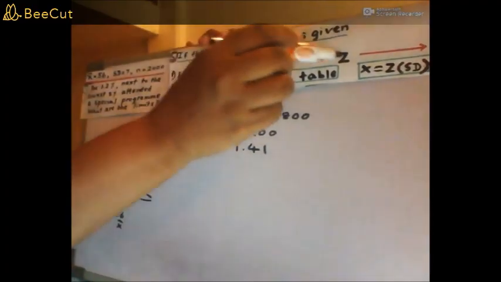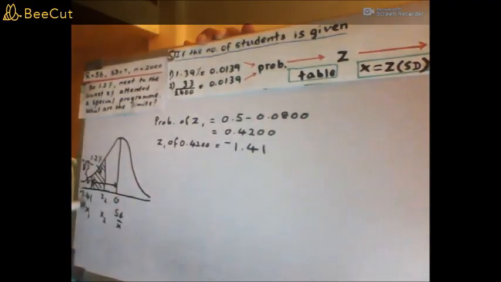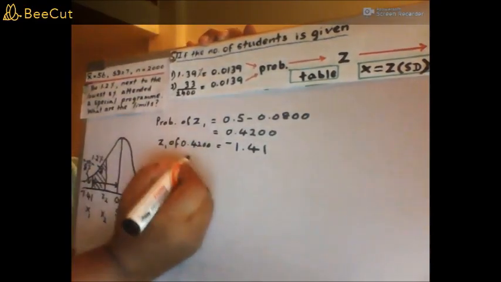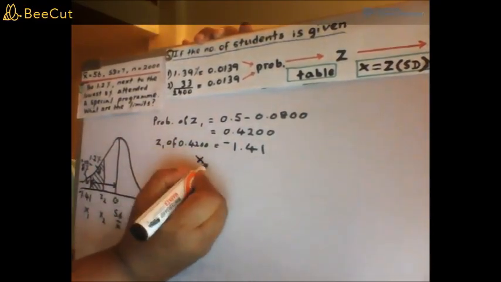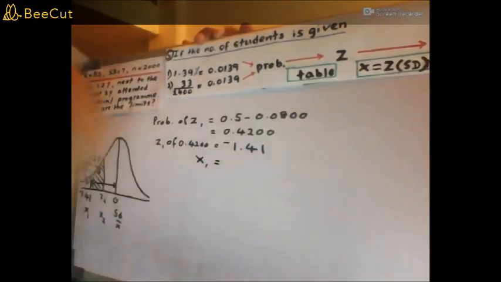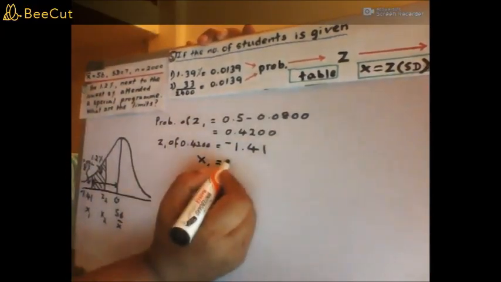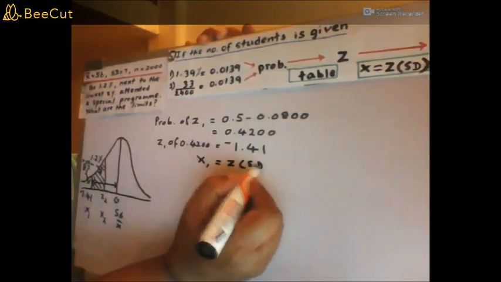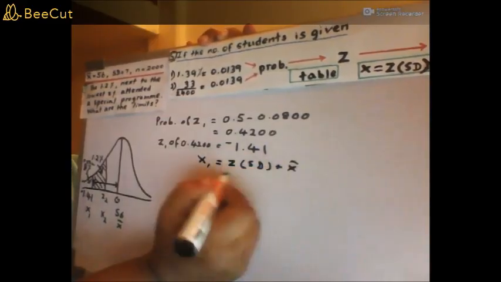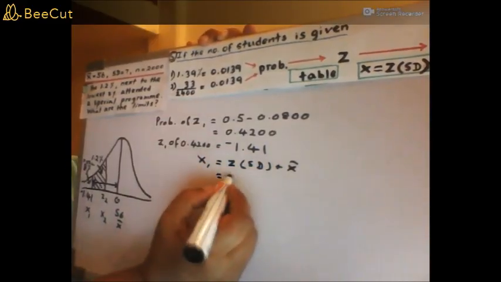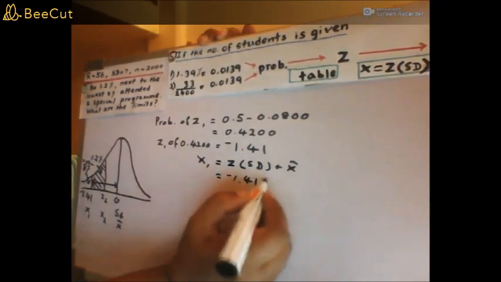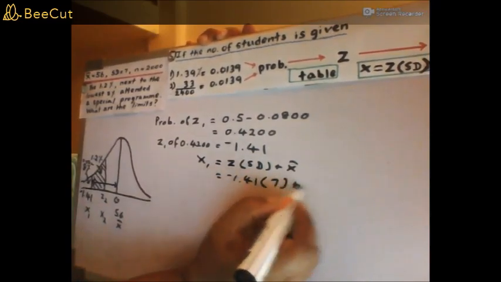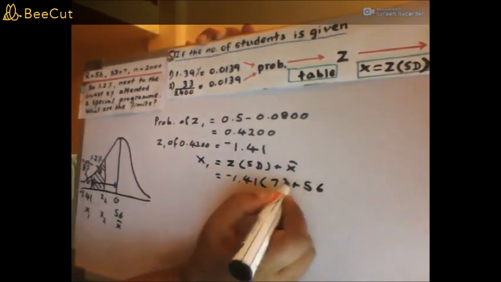Now we have calculated the Z value. Now we have to get the X. Here Z is the X1. So X1 equals, what's the formula? Z into SD plus X bar. Z is minus 1.41, into 7 plus 56.